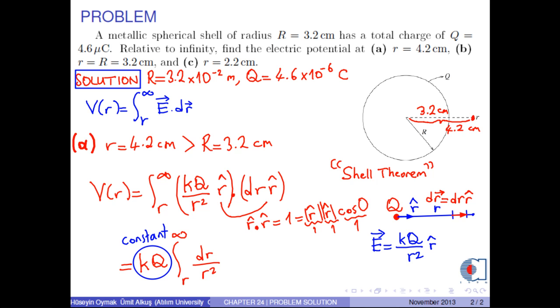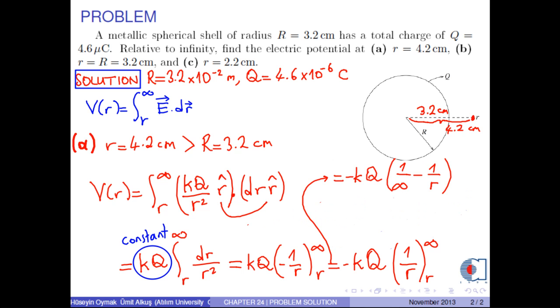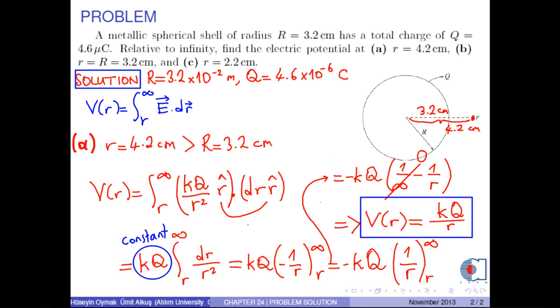We know that the integral of dr over r squared is negative 1 over r. This can be written as negative kq times 1 over r from r to infinity. If we substitute the limits, we obtain negative kq times 1 over infinity minus 1 over r. 1 over infinity gives 0. So, relative to infinity, the potential outside the sphere is kq over r.